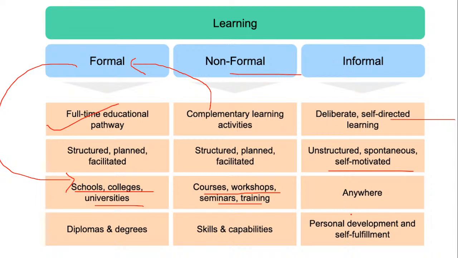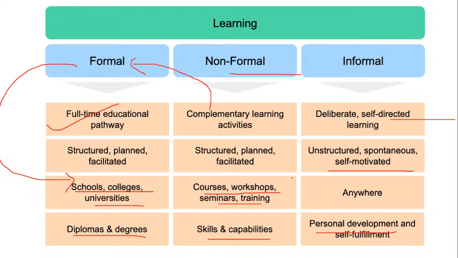Whereas informal happens anywhere, in any form, in any way, unless and until the person is self-directed or self-motivated. Formal education gives you diplomas and degrees. Non-formal gives your skills and capabilities, and informal gets your personal development and fulfillment.